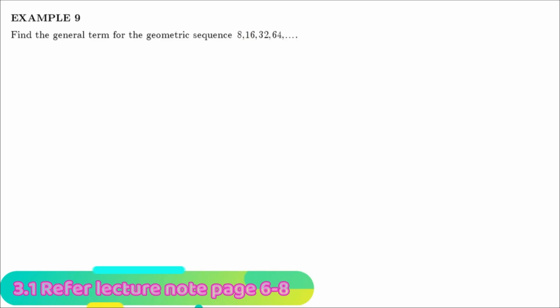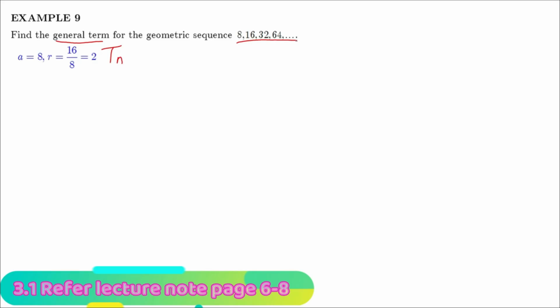Now let us look at example 9. Find the general term, which is Tn, for the geometric sequence given. So we have an ascending order of GS here with A, the first term, equals 8 and R equals 16 over 8, which is 2.